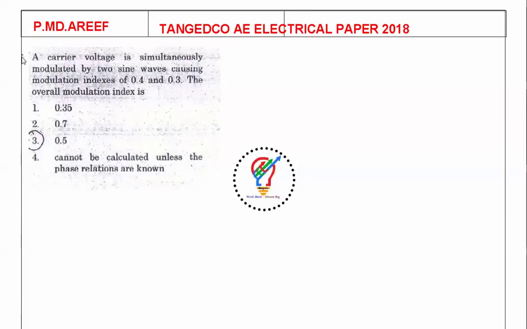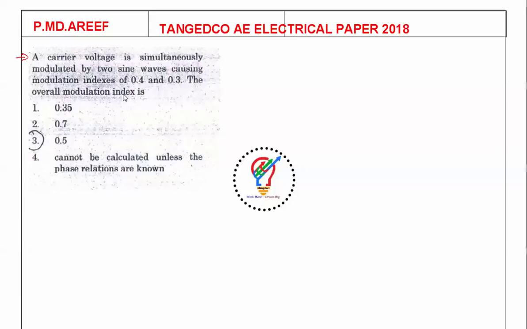The question here is: a carrier voltage is simultaneously modulated by 2 sine waves causing modulation indices of 0.4 and 0.3.